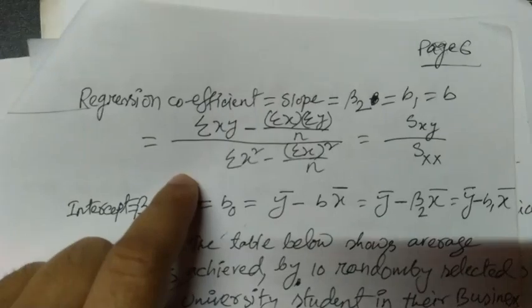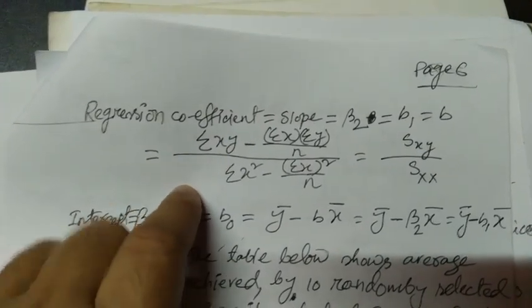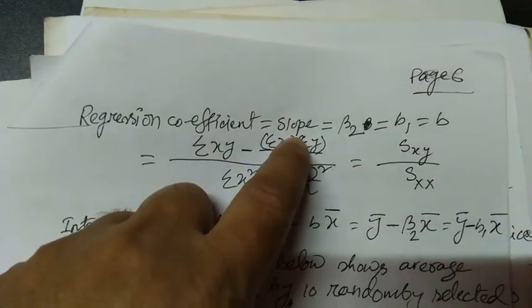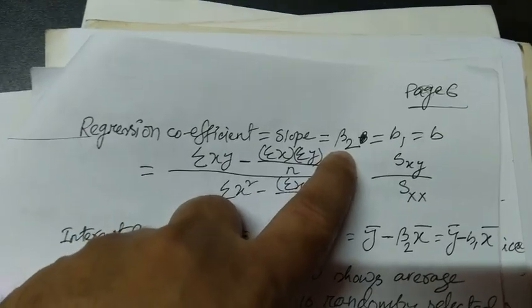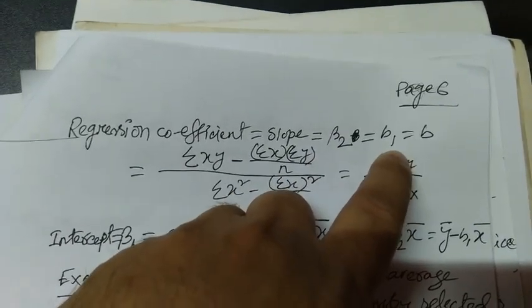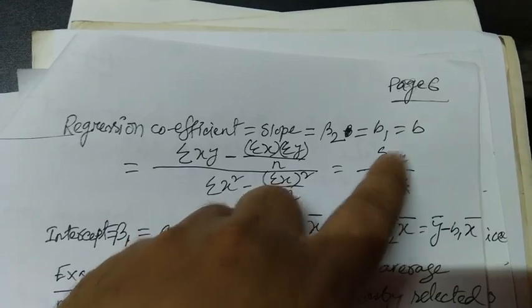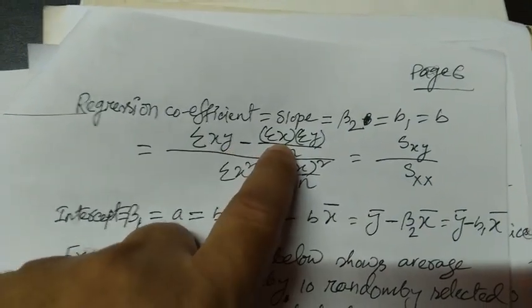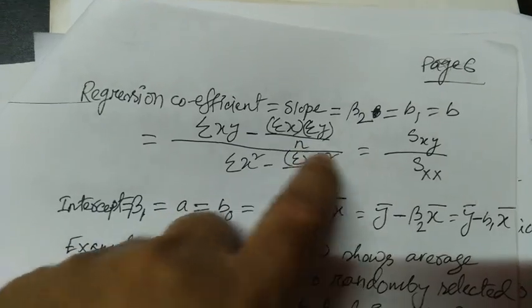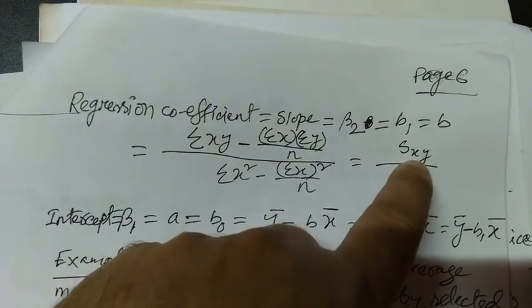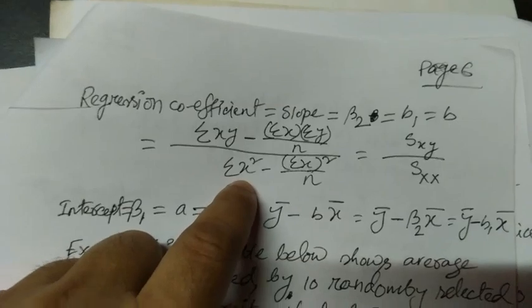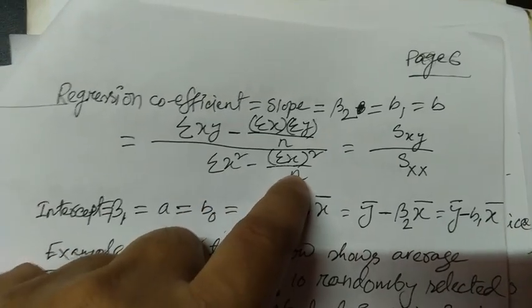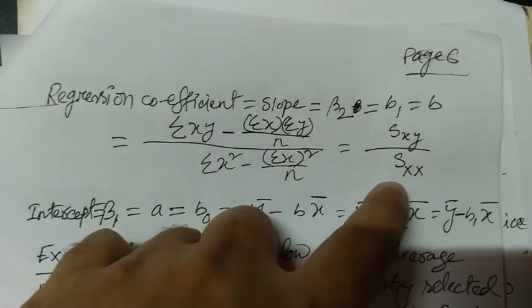So let us move to the next page. Regression coefficient. The formula for the regression coefficient or slope, some people write it like beta 2, some like b1 or b, whatever way you write. The formula is summation of xy minus summation of x into summation of y divided by n, which is Sxy, divided by summation of x square minus summation of x whole square divided by n, which is Sxx.